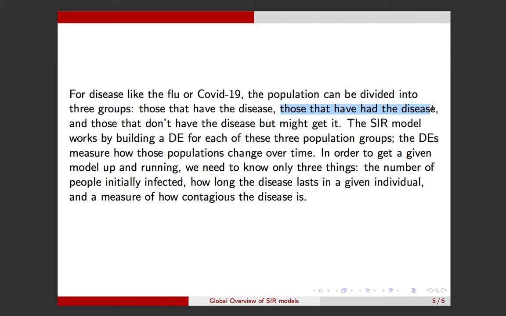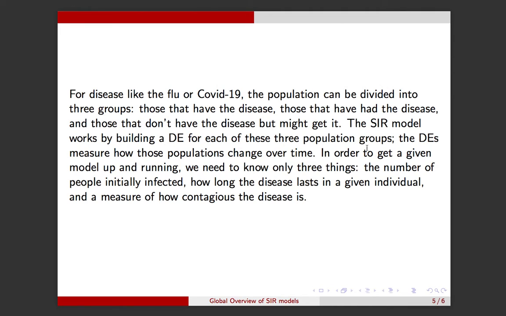It can, among other things, mean you've died, which is not usually how we think of being recovered. But from the model's perspective, a dead person can't spread the disease, so they count as recovered. It could also be somebody who is inoculated, so you've recovered that way. And those who are susceptible.